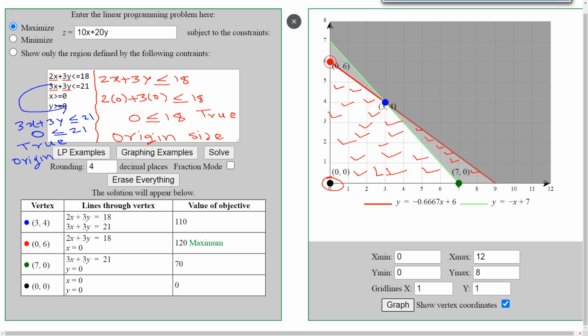Origin side means that side of the line which contains the origin. So the green line is represented here, and on its origin side I am going to put a cross. This time I'll be shading it with a cross. In the second step we have to determine the common feasible region. Common feasible region means where both ticks and crosses are present.